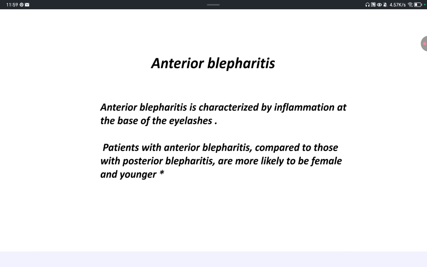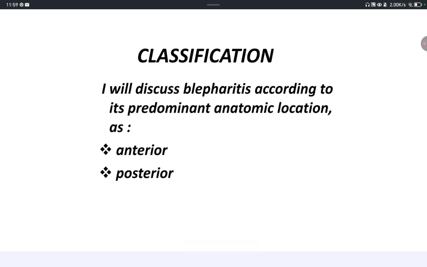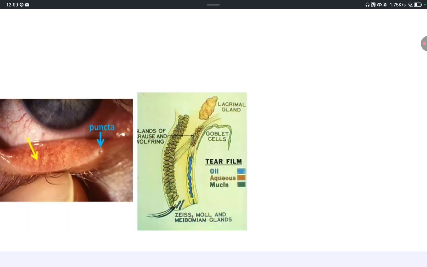The classification is anterior and posterior.